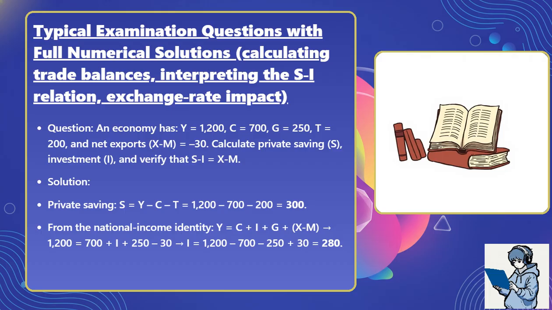From the national income identity, Y equals C plus I plus G plus (X minus M), leads to 1,200 equals 700 plus I plus 250 minus 30, leads to I equals 1,200 minus 700 minus 250 plus 30, equals 280. S minus I equals 300 minus 280 equals 20, which should equal X minus M.